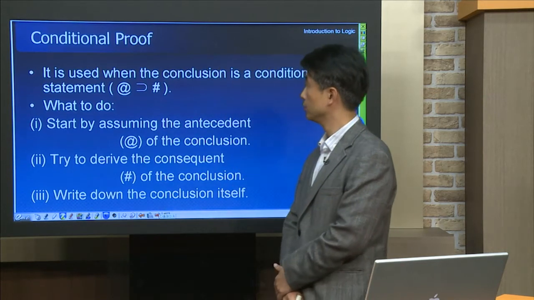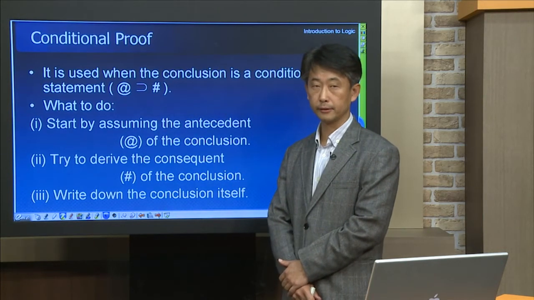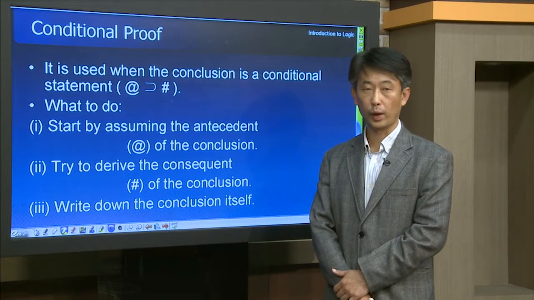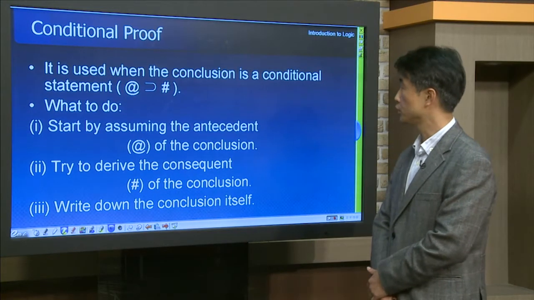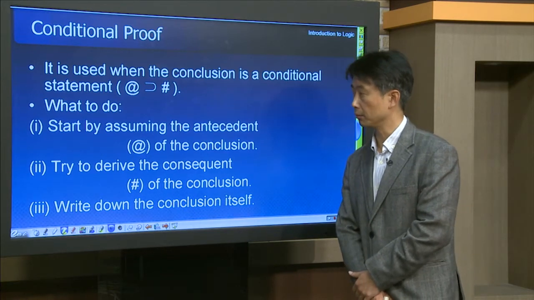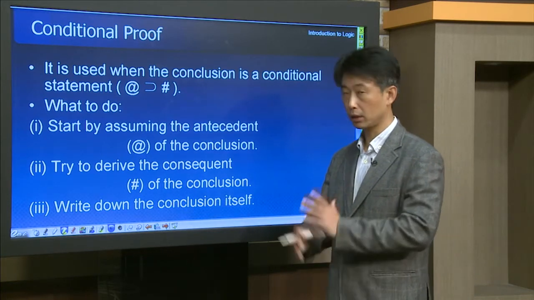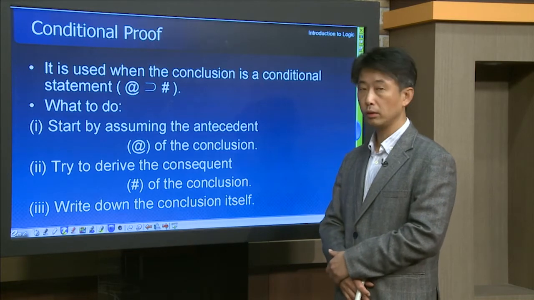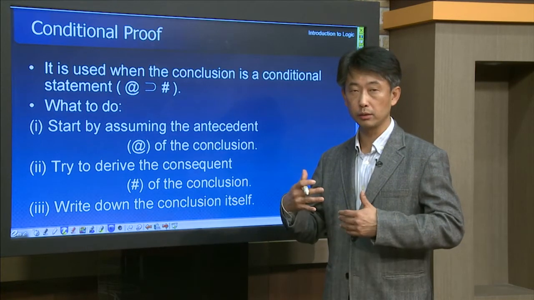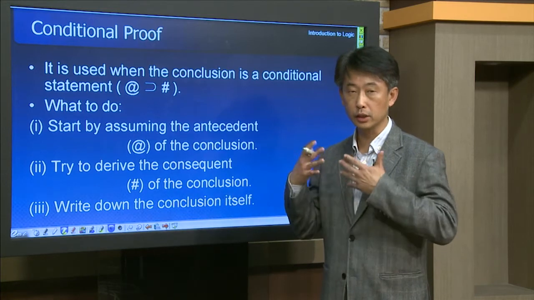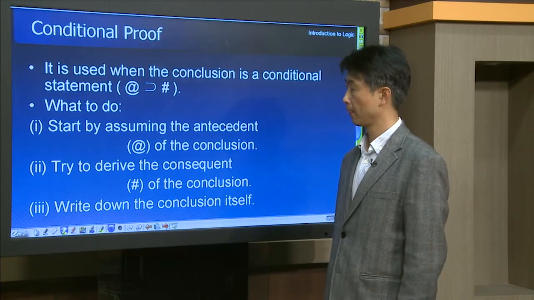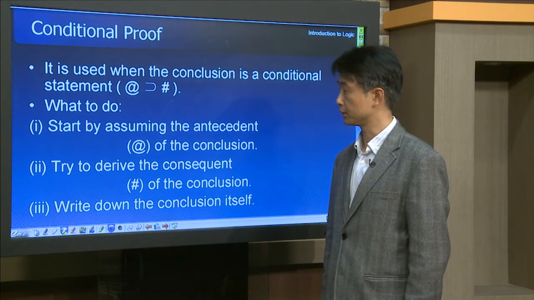Conditional proof, when do we use that? Conditional proof is used when the conclusion is a conditional statement, any conditional statement. Okay? So when the conclusion that you try to derive is a conditional statement, you use conditional proof. How do you proceed?